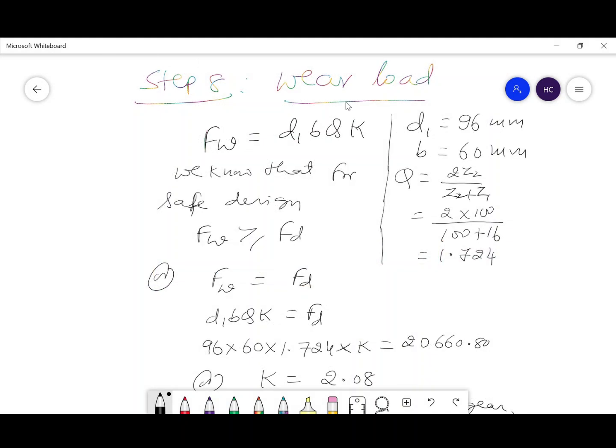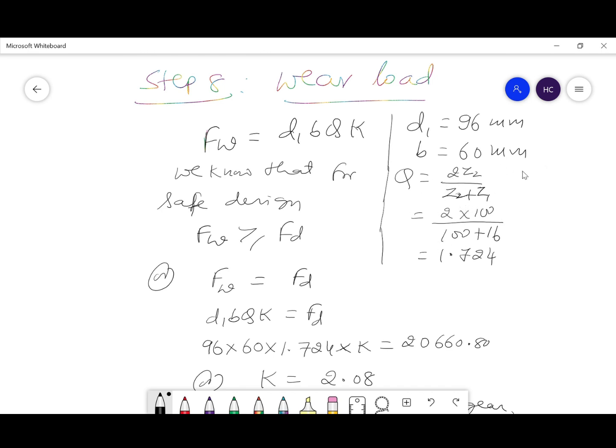Step 8, wear load. We know that FW is the wear load, that's equal to D1 b Q K, where D1 is pitch diameter of the pinion, that's equal to 96 mm, and small b is face width, that's equal to 60 mm, and Q is equal to 2Z2 by Z2 plus Z1.